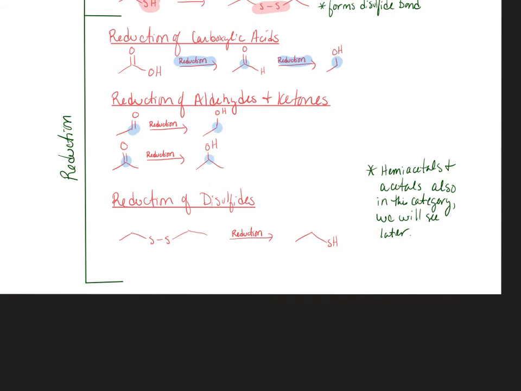The difference is a primary alcohol versus a secondary alcohol. And just like we have with disulfides, if we undergo reduction there, you end up with a thiol. So there's this other category called hemiacetals and acetals. We're going to talk about that later. That's a little bit more.